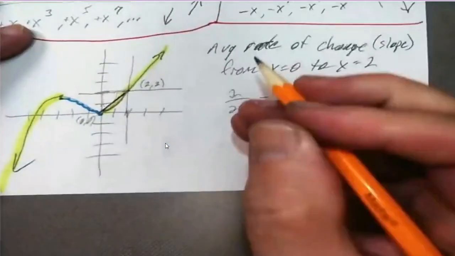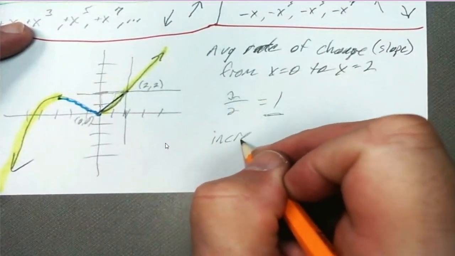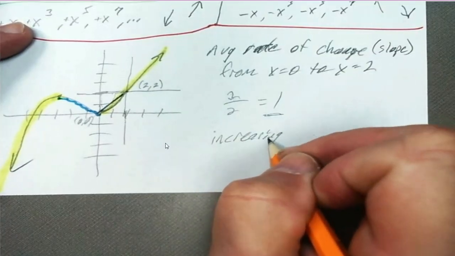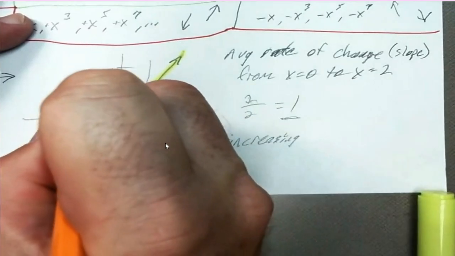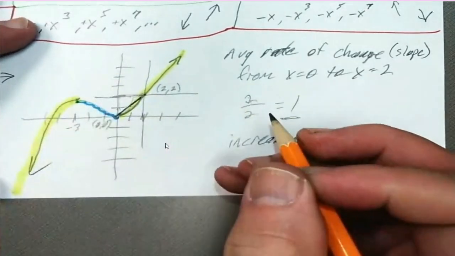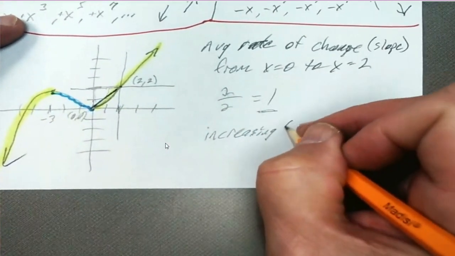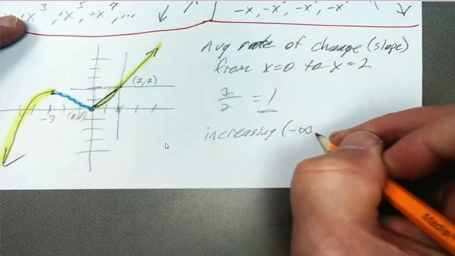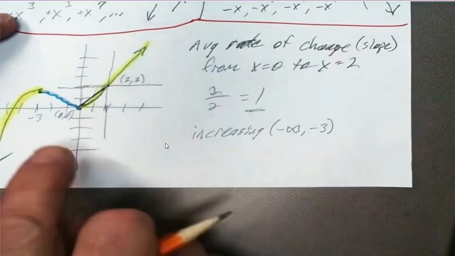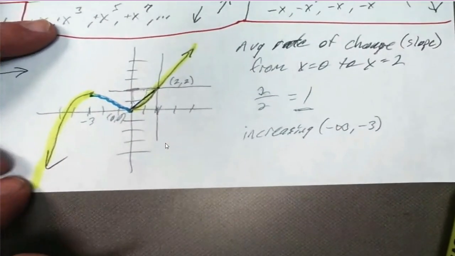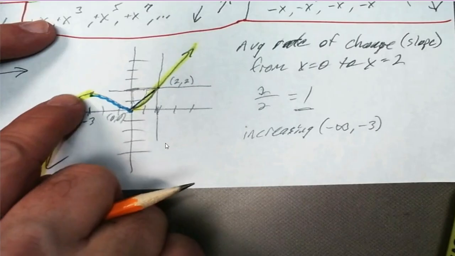So where is it increasing? All we care about is the x's. 1, 2, 3. This is x equals -3. So increasing from negative infinity up until -3. See, from all the way down here, it's up, up, up, up until -3.